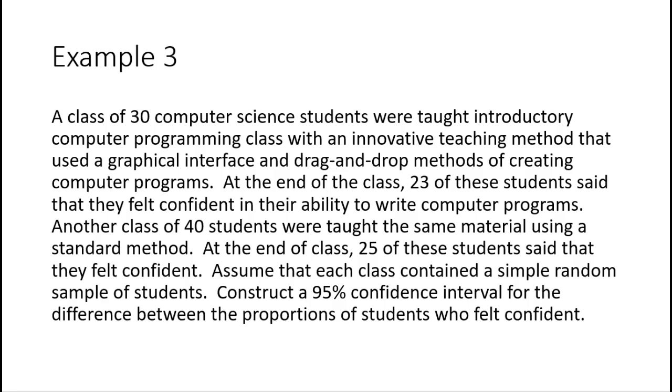Okay, first thing we ought to do is write down the stuff that we know. We know we have two samples. In the first sample, there are 30 students. It told me so right here. At the end of the class, 23 of them are feeling pretty confident about their abilities.